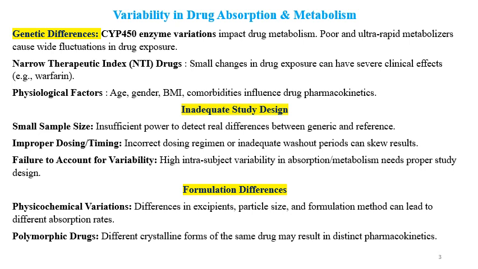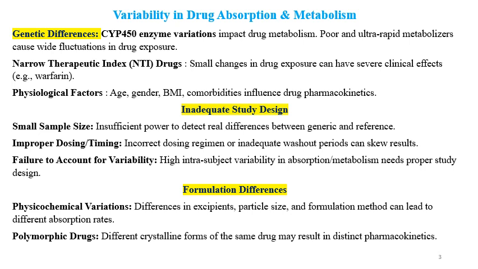Inadequate study design. Sometimes the bioequivalence study design itself has a fault or problem, and that's why there might be a chance of bioequivalence failure. If a small sample size is there, like few subjects, there is insufficient power to detect real differences between the generic and reference. So because of the small sample size, there may be failure.